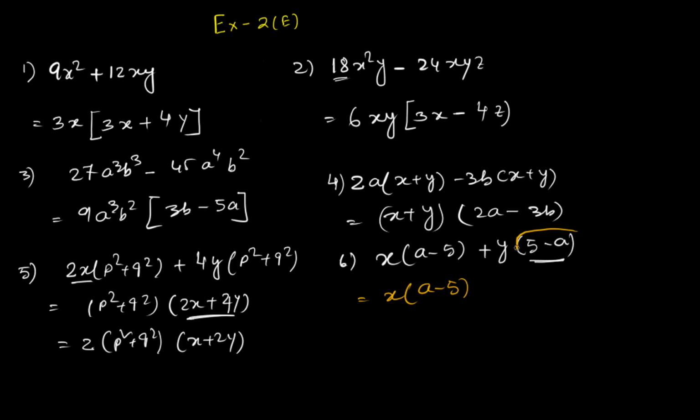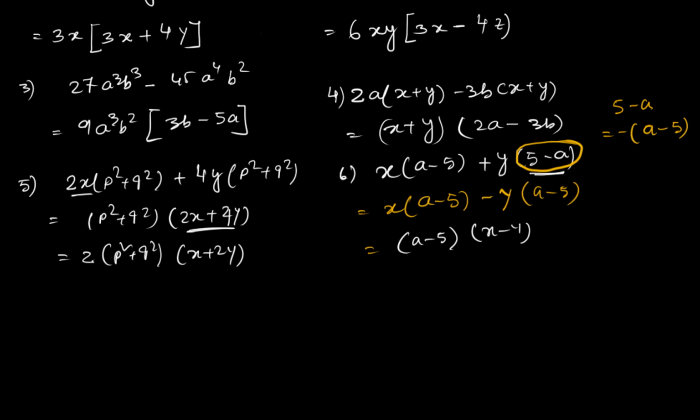I'm going to take minus common from this portion, so minus y into a minus 5. If I take minus out, each and every term will change its sign. So minus a will become positive a and plus 5 will become negative 5. So whenever you are taking minus out, it means you have to change the sign of each term inside the bracket. Now we can just simply take the a minus 5 common, and we are left with x minus y.